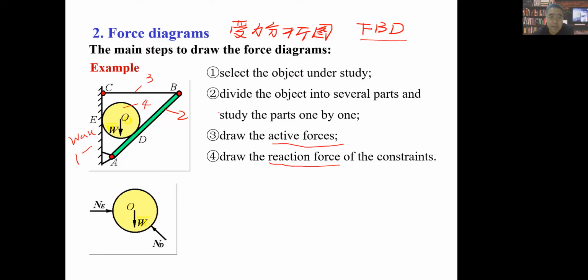Actually, when we select this ball, we should imagine, it's not for real, just imaginary, that we pull this ball from here to here and remove all the constraints acting on this object.